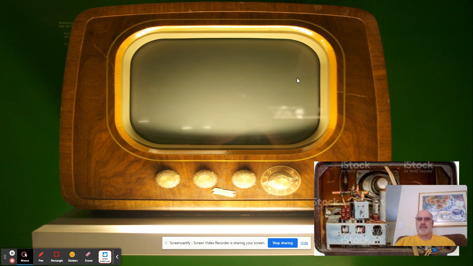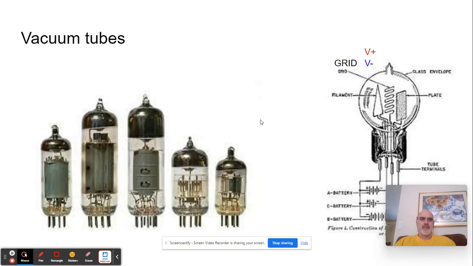A long time ago, when technology was new, they used vacuum tubes to act as switches and things inside old televisions and radios to make them work. This is what they look like. They're big, giant tubes in a vacuum.